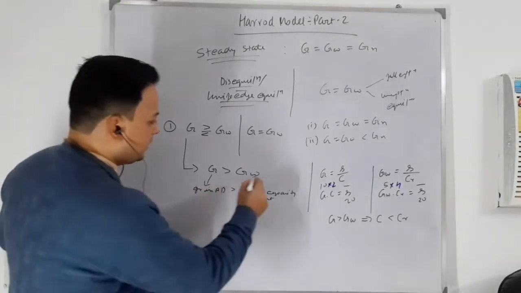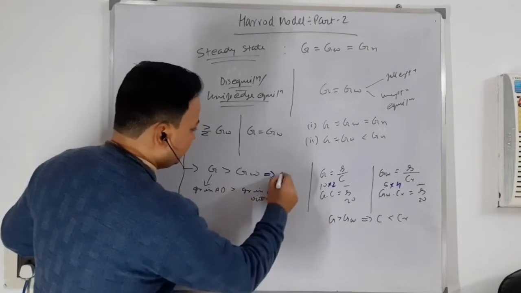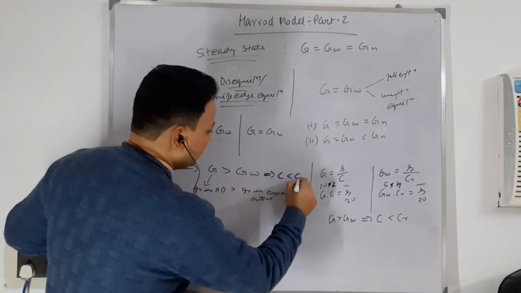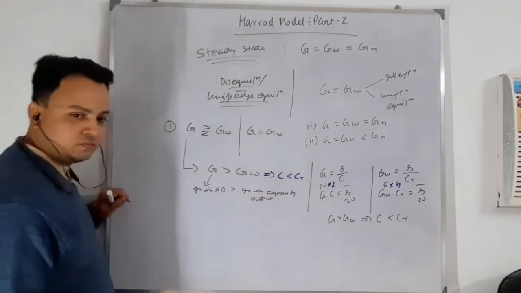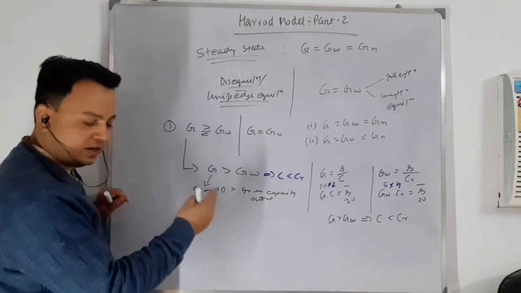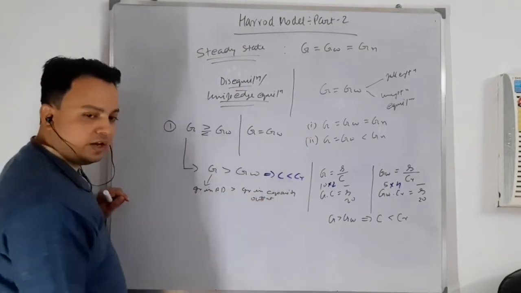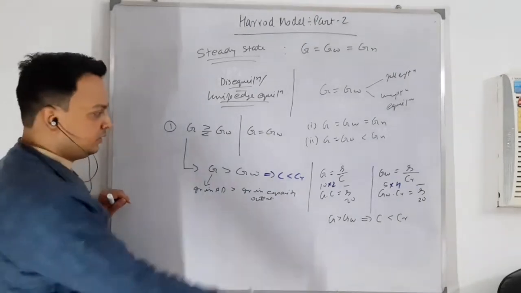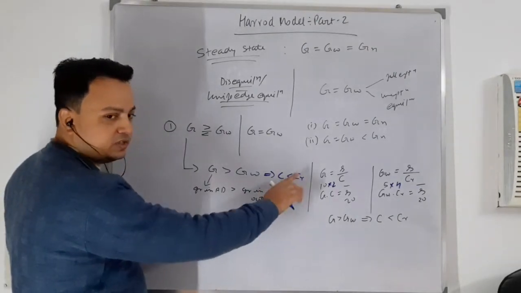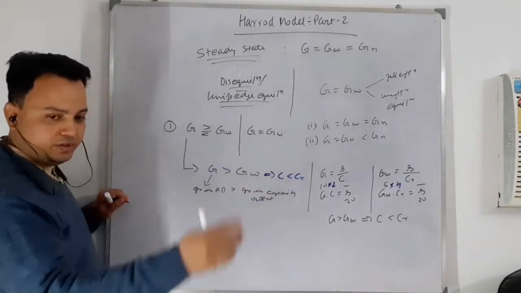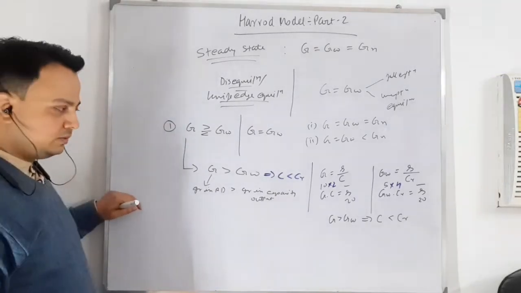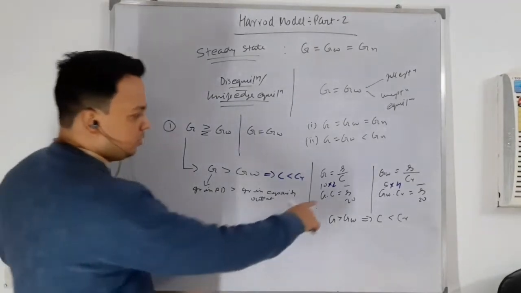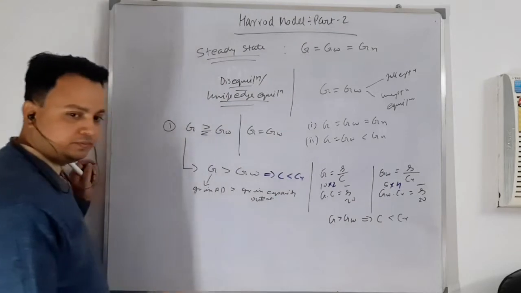This implies, logically, in every period required capacity is higher because growth in demand is more than growth in actual capacity in the economy. That means required capacity is falling short of actual capacity in every period. Clear?